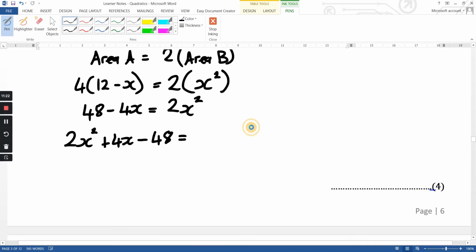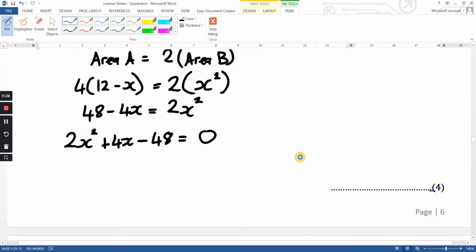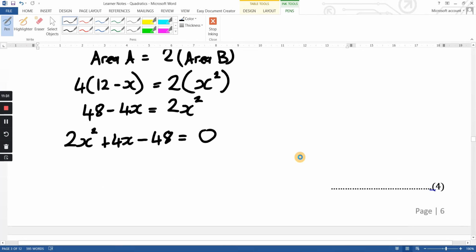So if I bring everything to one side, gives me that. And now we're going to have to, oh, I tell you what, I can take out a factor of 2 of everything. So let's halve everything. So now let's just divide everything by 2, because it'll make our life a lot easier. Yep, you can do that, that's absolutely fine.